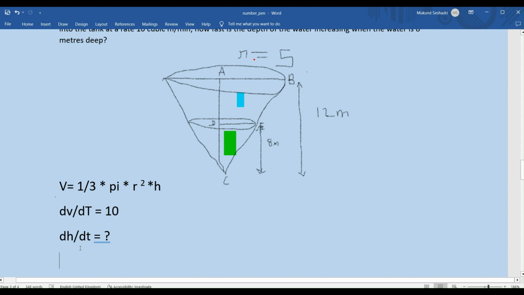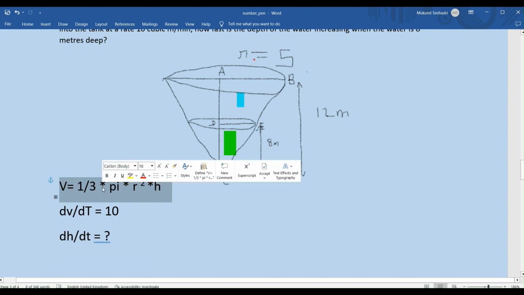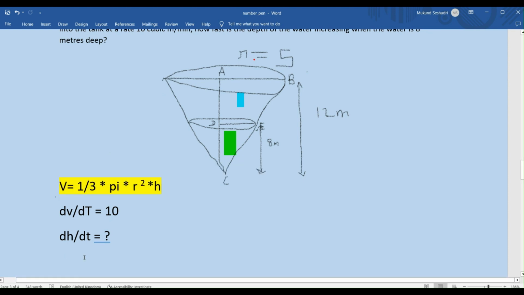So we have the volume of the cone. When I say volume of the cone, I'm referring to the volume of the water inside the cone, right? We know that it changes with respect to time.